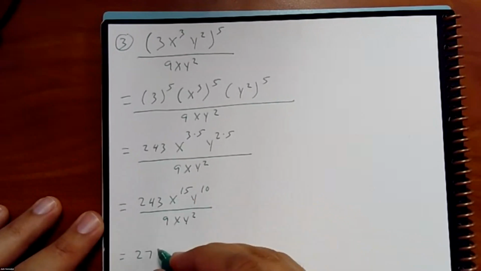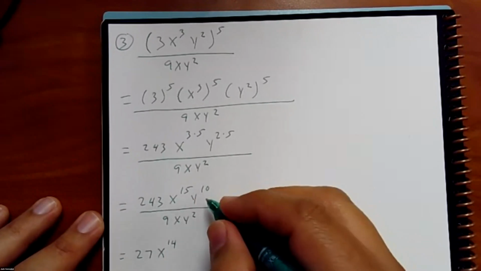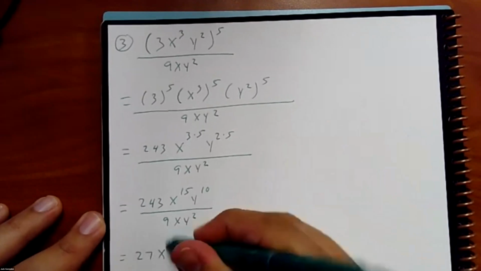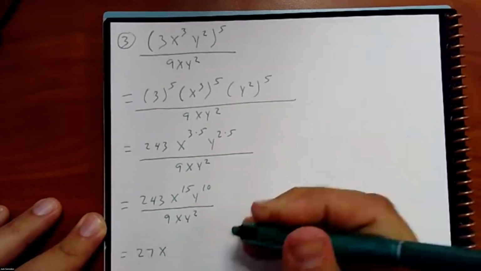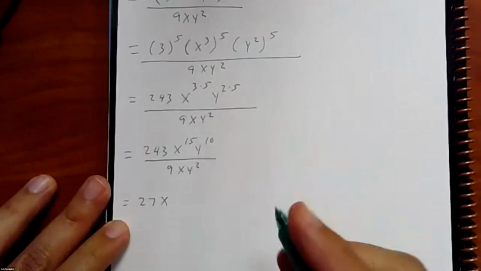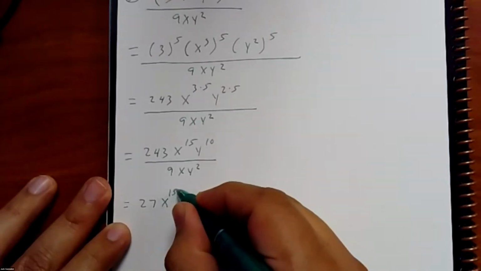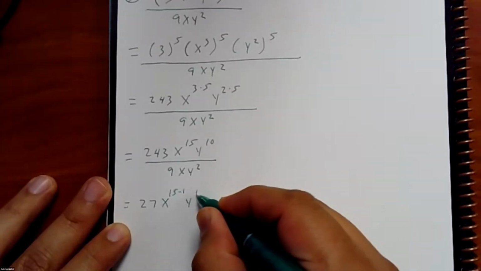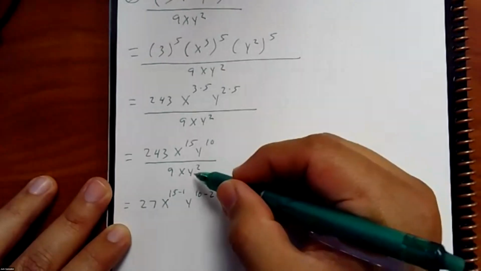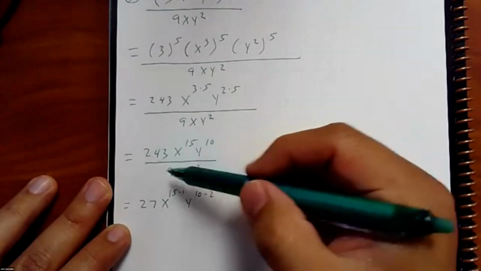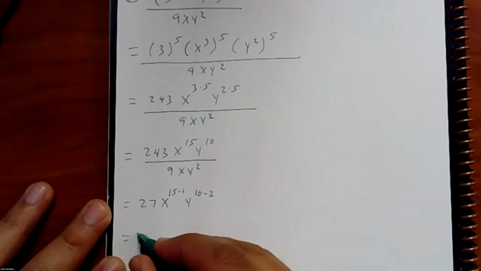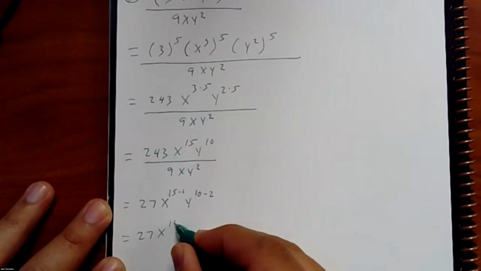X to the 15 divided by x is x to the 14. So let me show the work. When you divide the same base, you subtract the powers. So 15 minus 1, 10 minus 2. So I'm dividing the x's and the y's and the number. So our answer will be this.